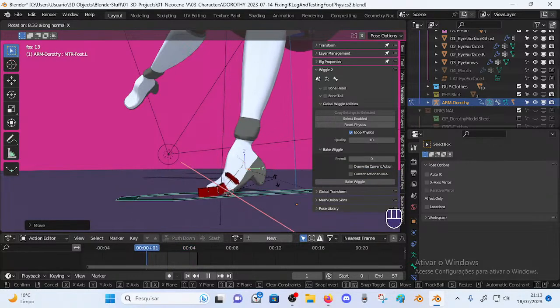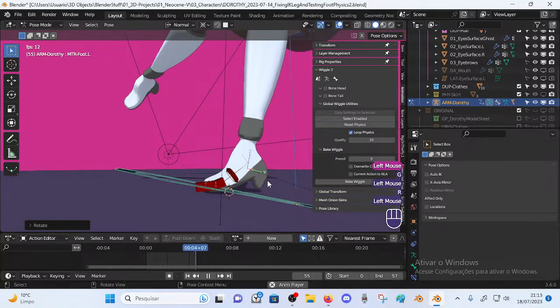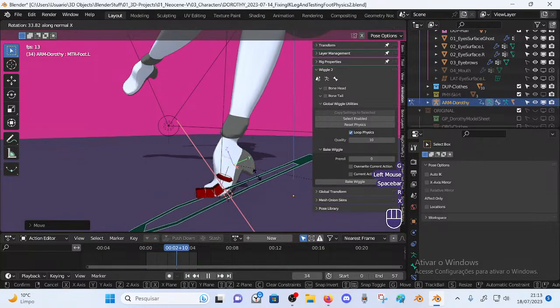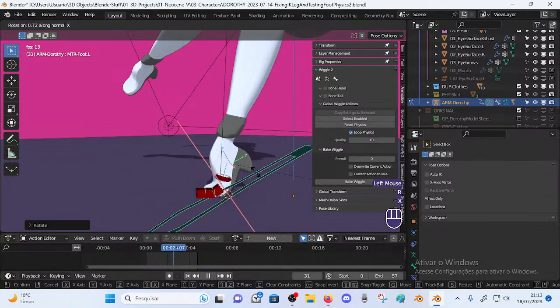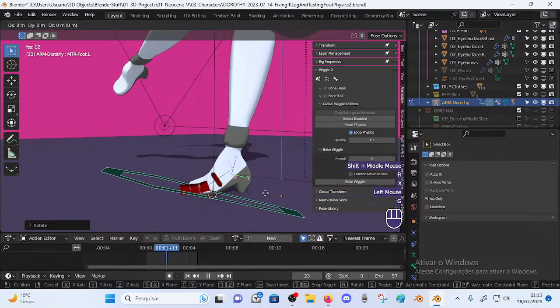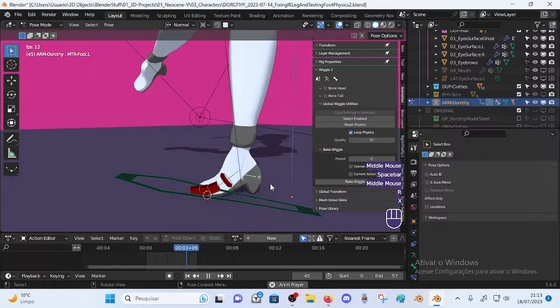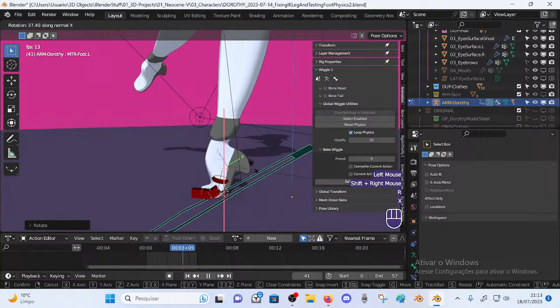So this is mostly able to replicate that effect of the character being on the tip of the toes, and I thought I had better results. Maybe I'm not being able to reproduce it very well, but it works.